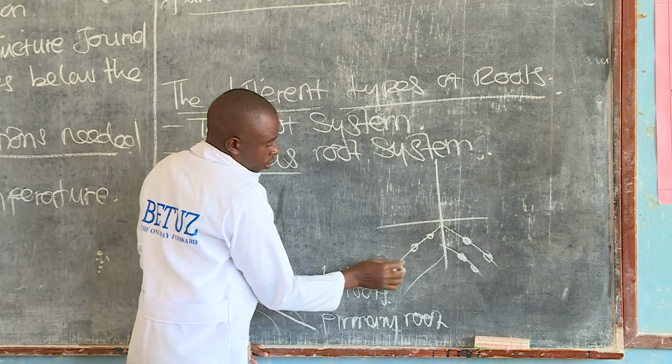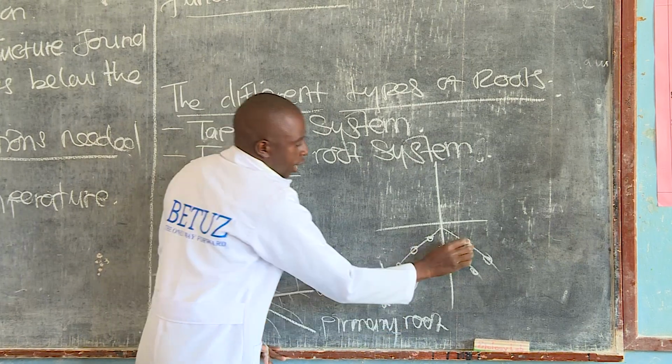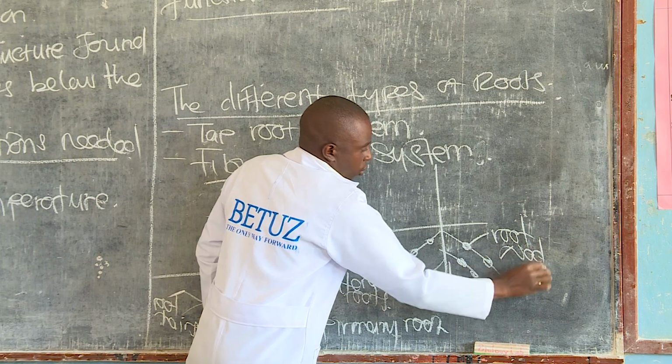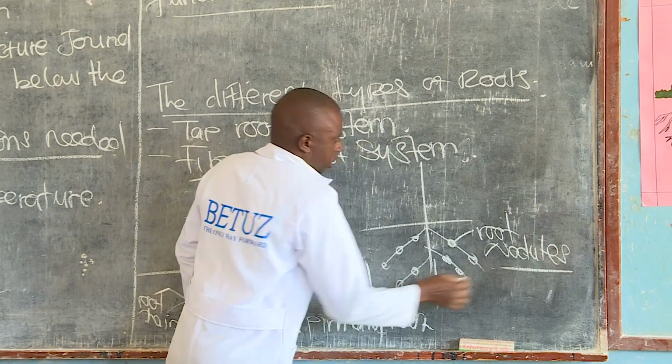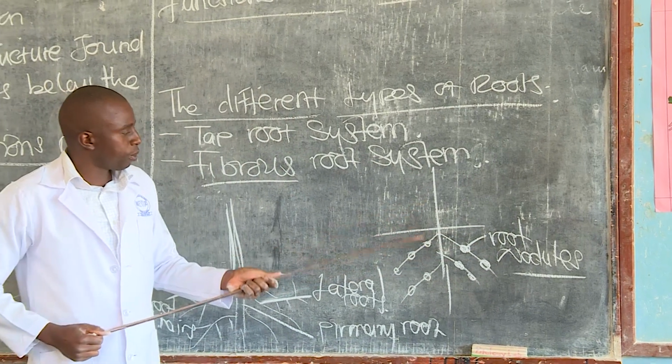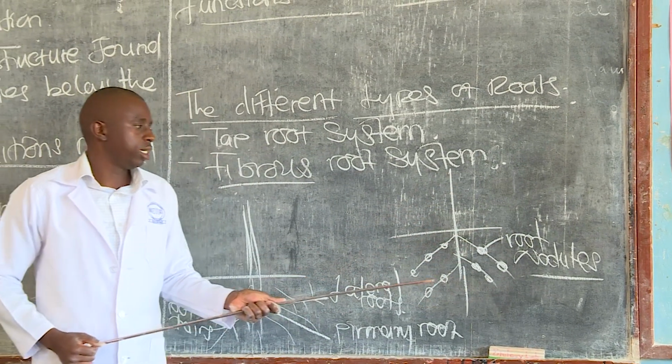It has these types of structures in the root systems, and these are known as root nodules. If you find a plant which has such structures, these are known as root nodules, and this type of plant belongs to dicotyledonous what?